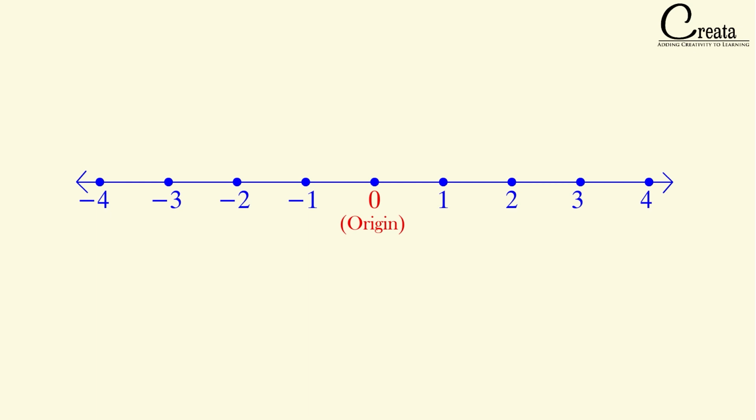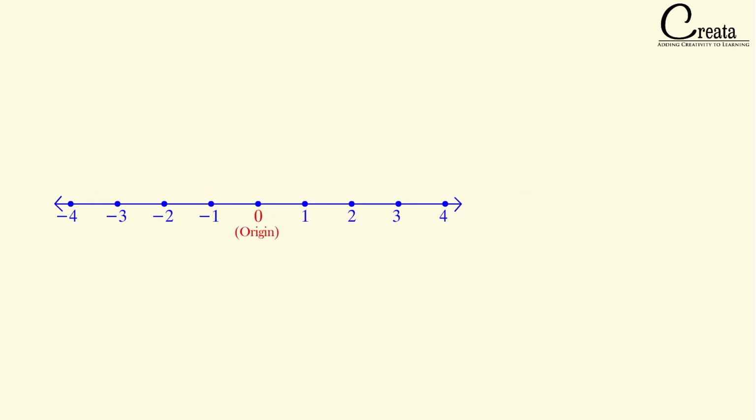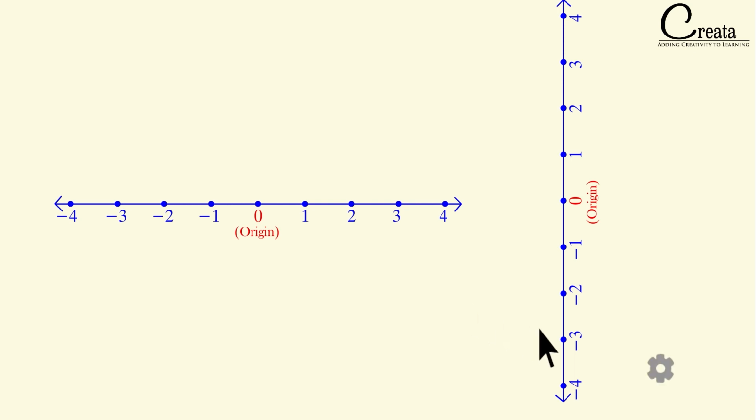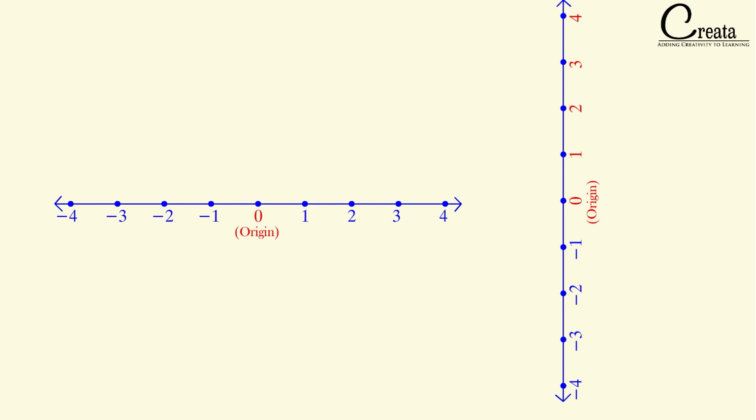Let's see. The coordinate system is comprised of two lines. One, this horizontal line, and the second line that is used is the same line but in the vertical direction. This is the line, and here 0 is the point of origin. And all these points here also are at equidistance from each other, and these points are moving in the positive direction and these points are moving in the negative direction.